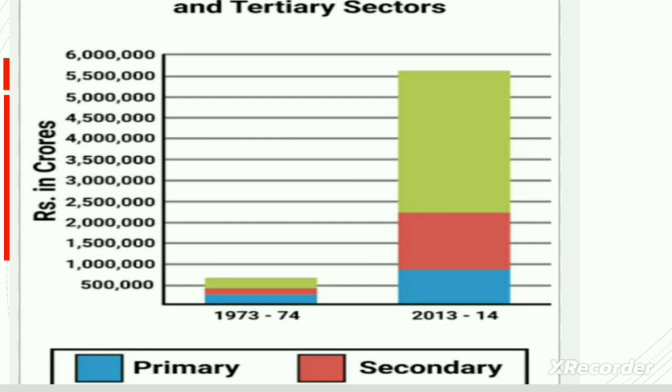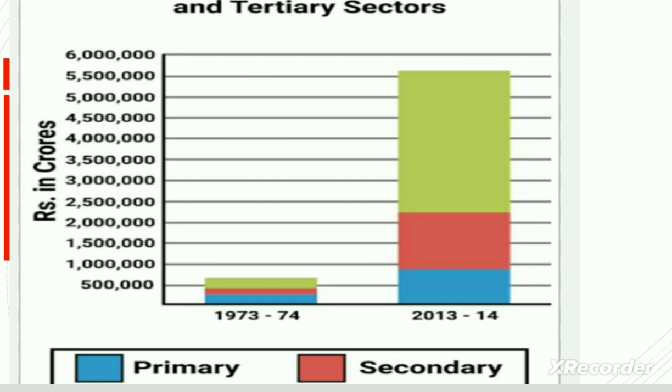In fact, altogether, the GDP shared by all the three sectors was little more than 5 lakh crore. And in that, even the primary sector didn't contribute half of whatever GDP all the three sectors jointly contributed.